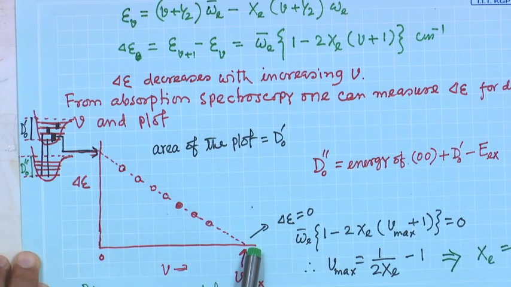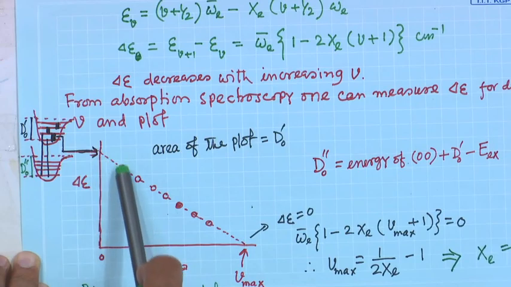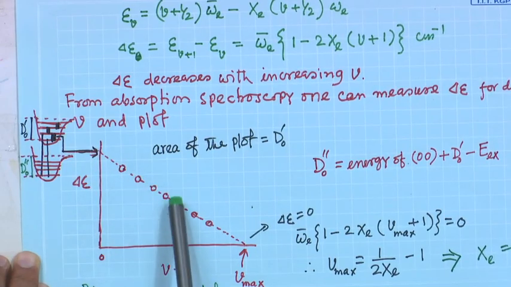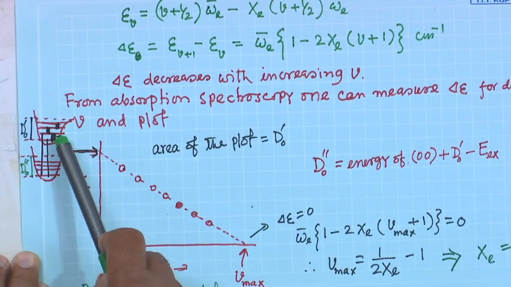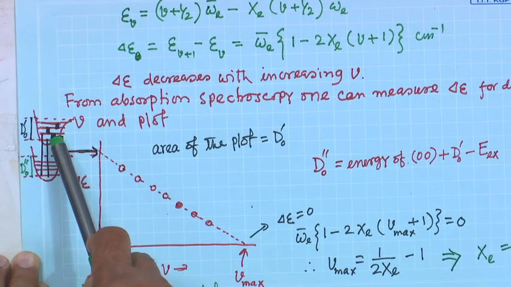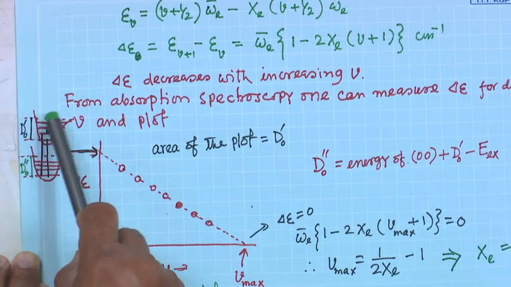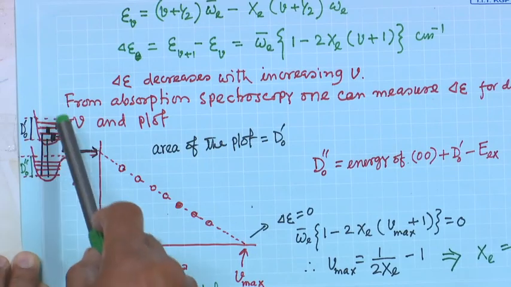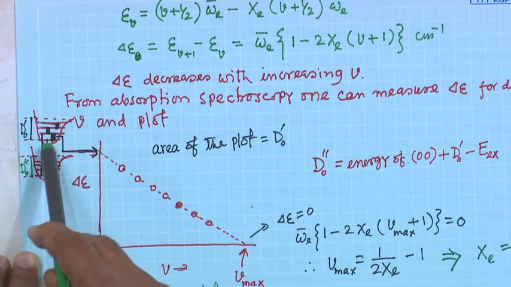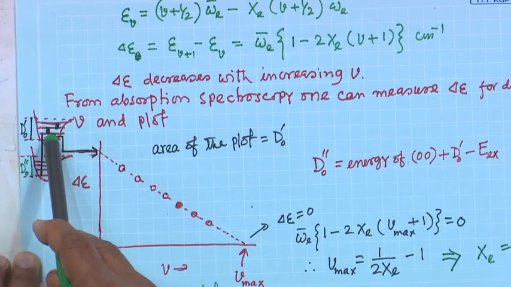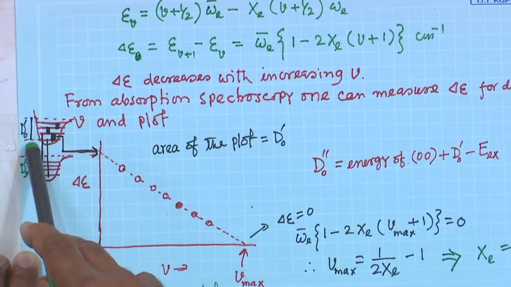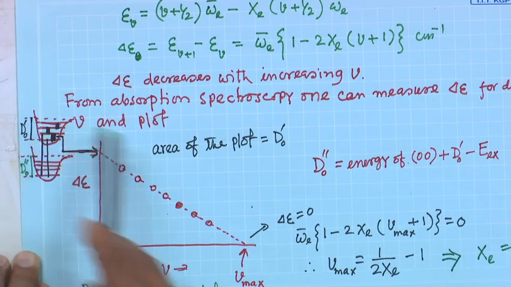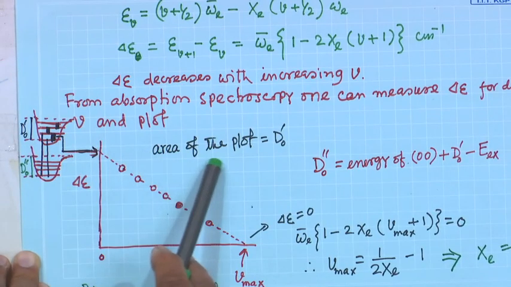Now, if I take the area, I am adding all the separations, this one with the next one, then the next one. After adding, I get the energy difference from here to the continuum. This is nothing but D0 dash. That is why I have written the area of the plot.